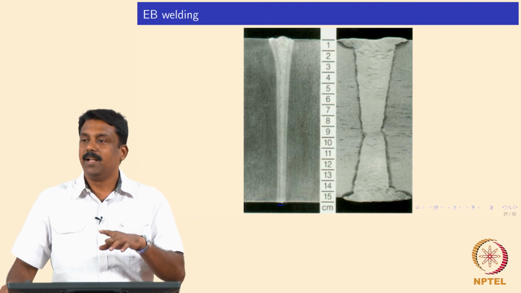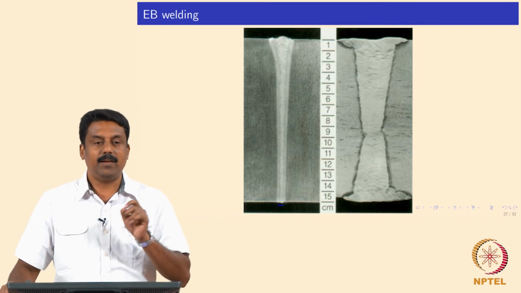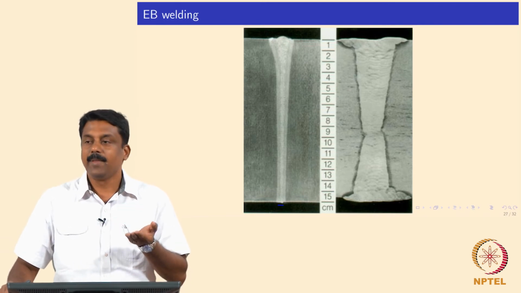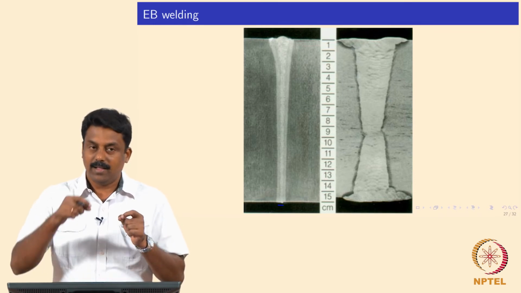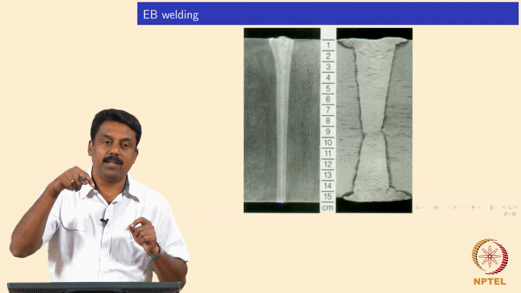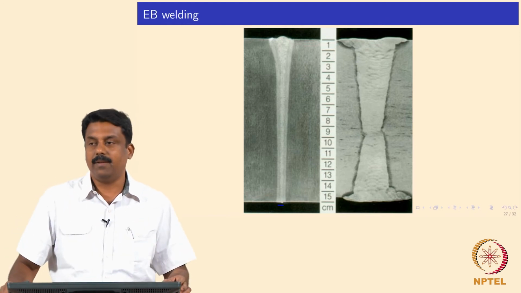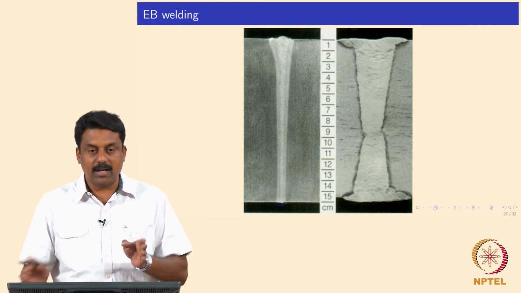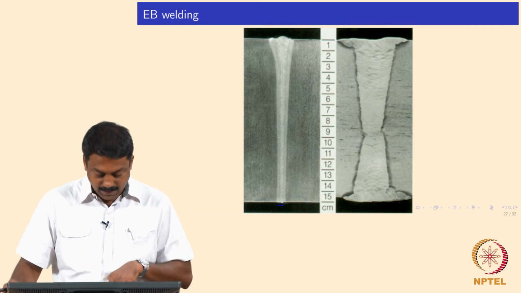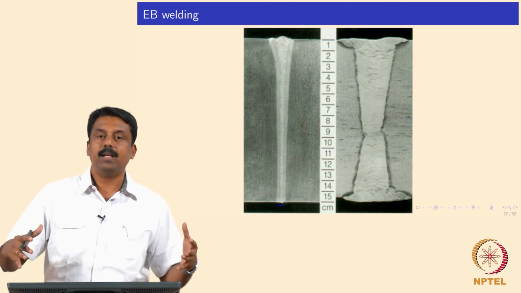Otherwise, even in laser welding, if you are using a very high power laser and you are not following the proper welding procedure, a pinhole, the keyhole, remains at the end of the weld. This is actually done in a flat slab.